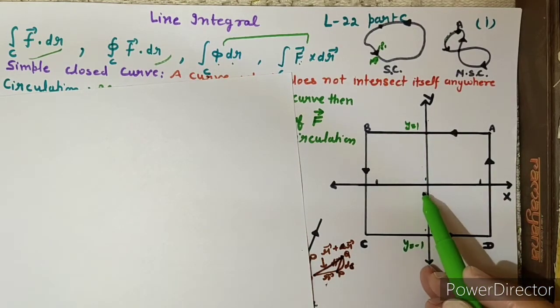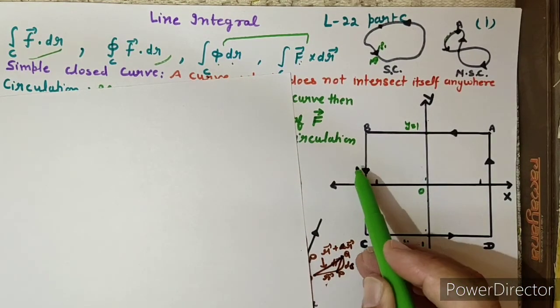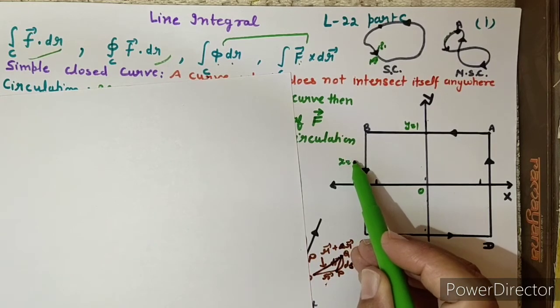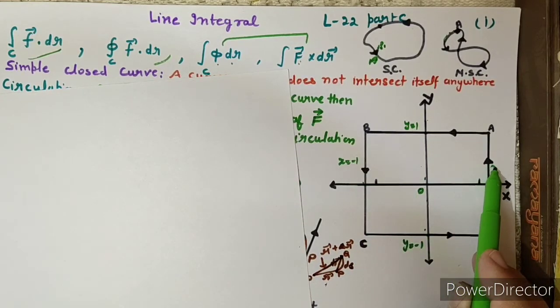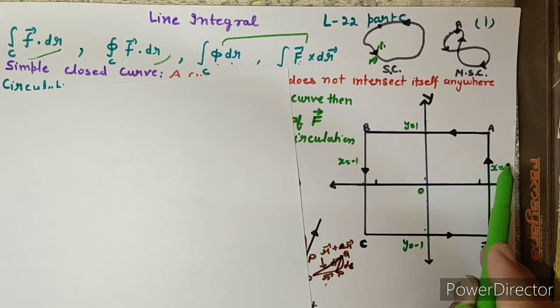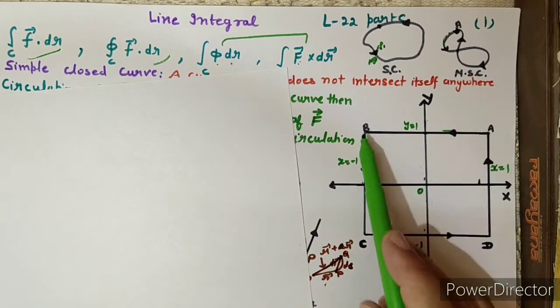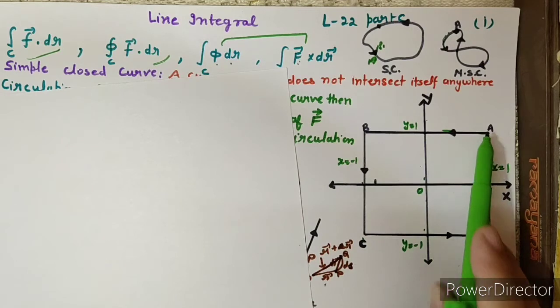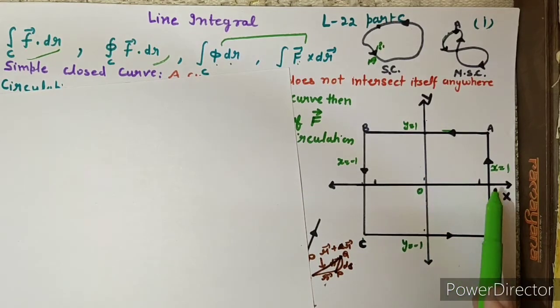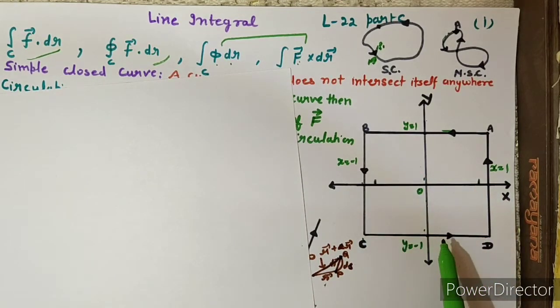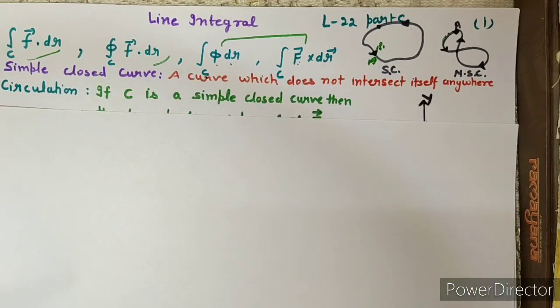On this line, this is suppose the origin, x is equal to -1 and on this line x is equal to 1, and starting like this. So this curve ABCDA is my simple closed curve. Okay, so now the definition for circulation.